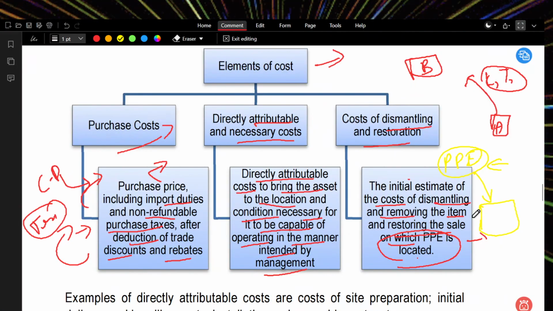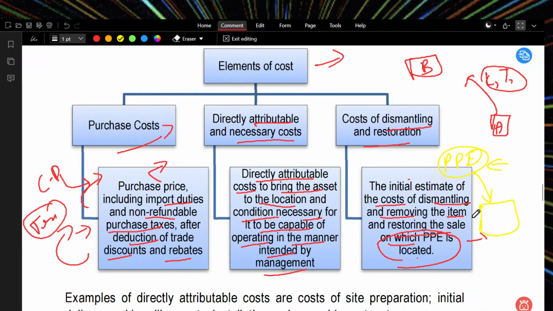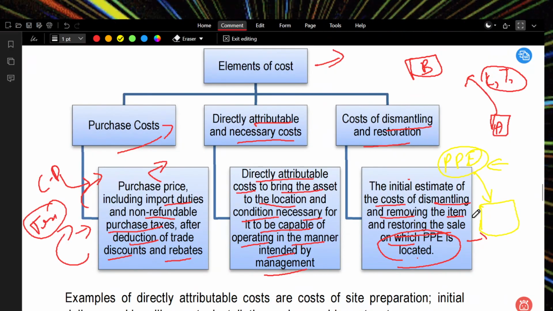Example, towers. I'm in the business of building towers. One of my competitors has 100 towers. Now he wants to sell the towers to me, but I don't intend to use the location of the towers because I have a cheaper rent somewhere.